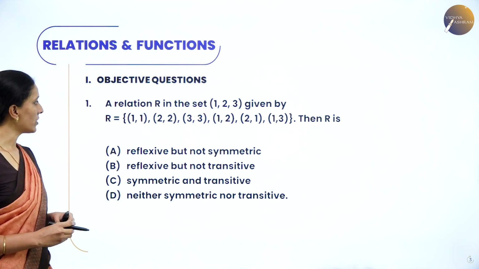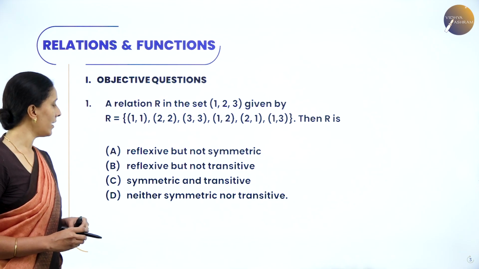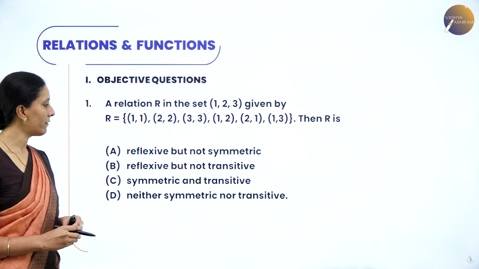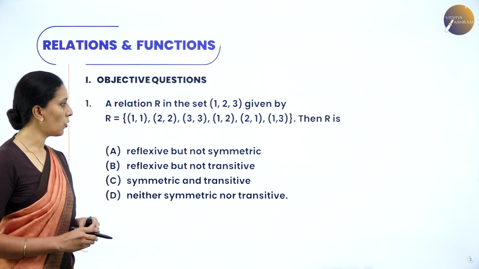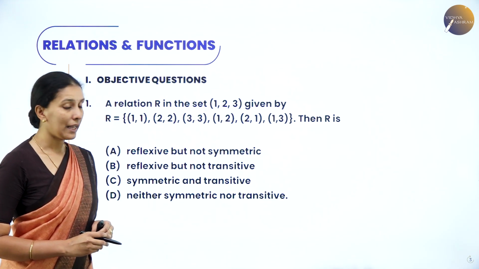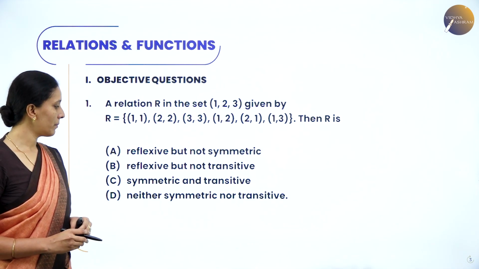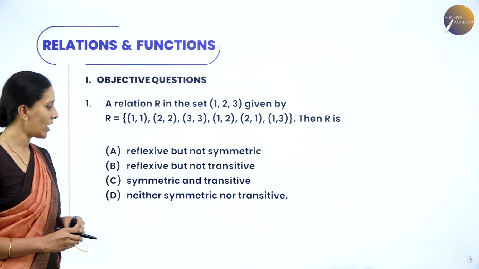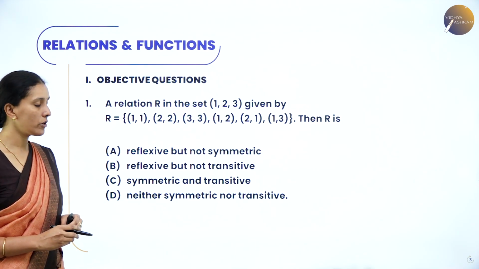The first question is, a relation R in the set {1, 2, 3} given by R = {(1, 1), (2, 2), (3, 3), (1, 2), (2, 1), (1, 3)}. Then R is: reflexive but not symmetric, reflexive but not transitive, symmetric and transitive, neither symmetric nor transitive.